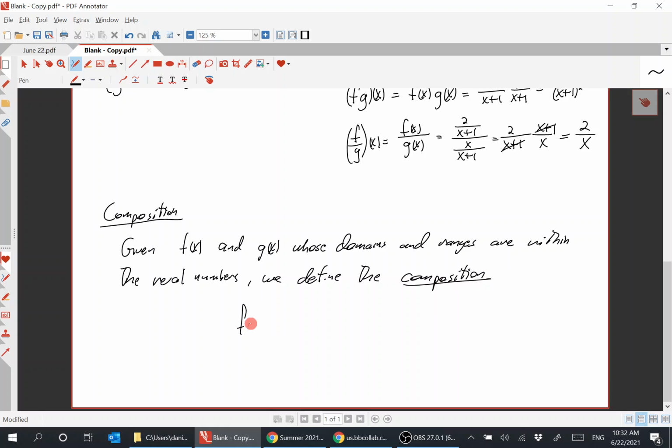It's f and then this little circle g of x.